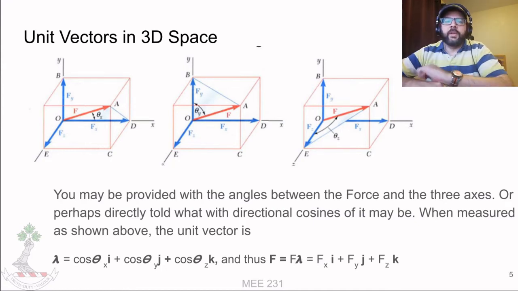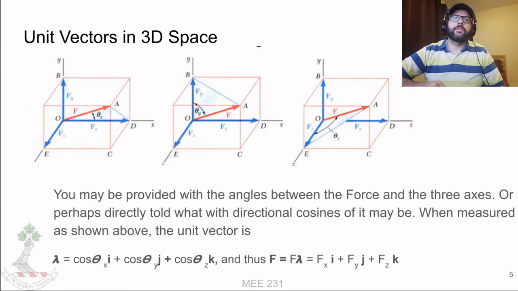So you might also be given basically the angles between the original force and all three axes, or directly told the directional cosines of those.